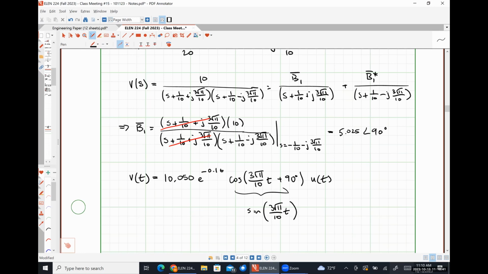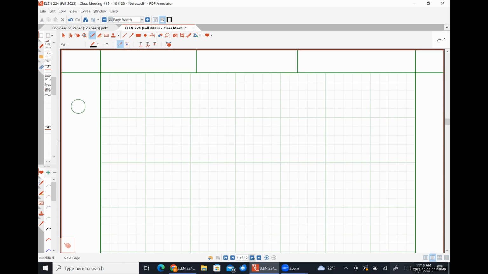All right, so let's look at something a little more rigorous. Let's say that I have the following circuit. I have some time domain current, I'll define it in a moment.